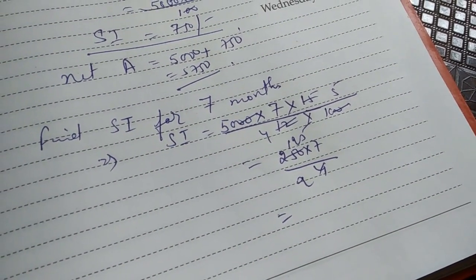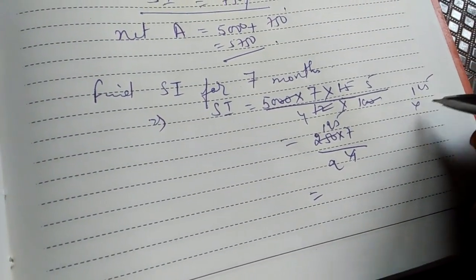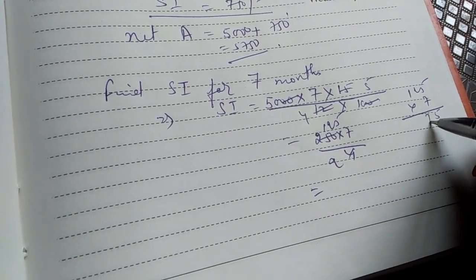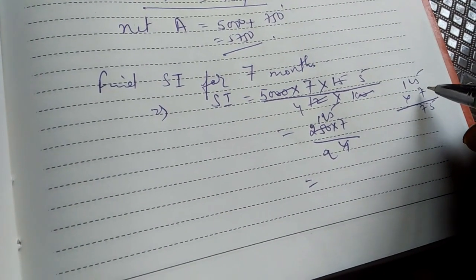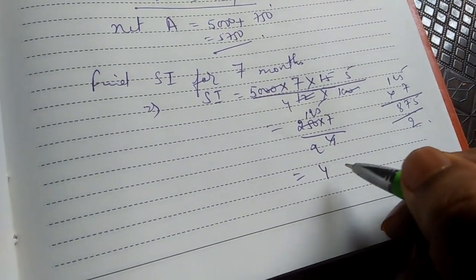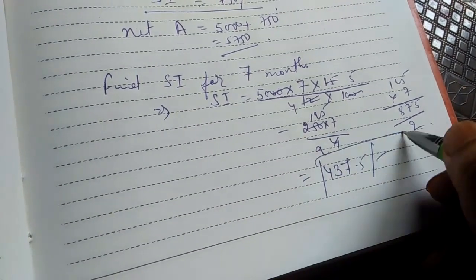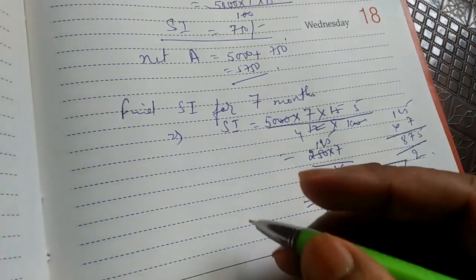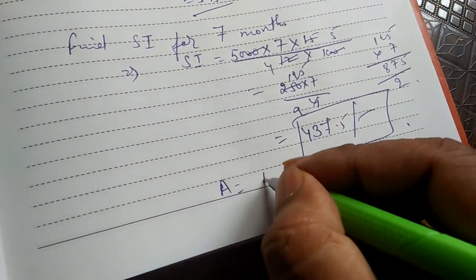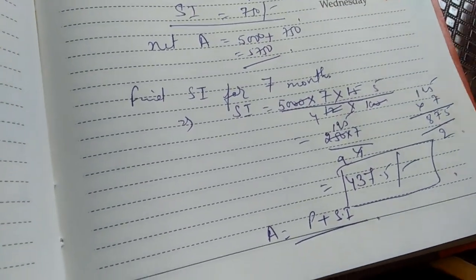Let me calculate this for you. This comes to 437.5 rupees. This is the simple interest for 7 months. So net amount again is principal plus SI, which is 5,000 plus 437.5.